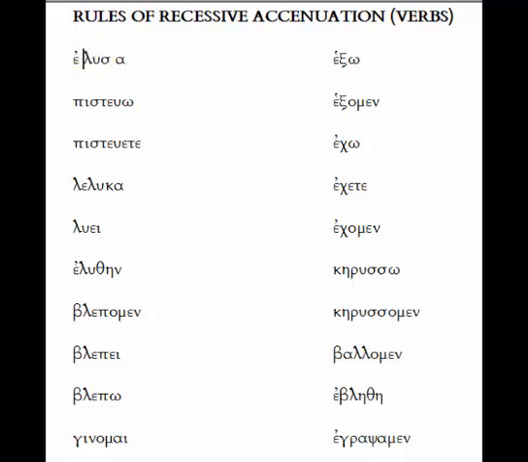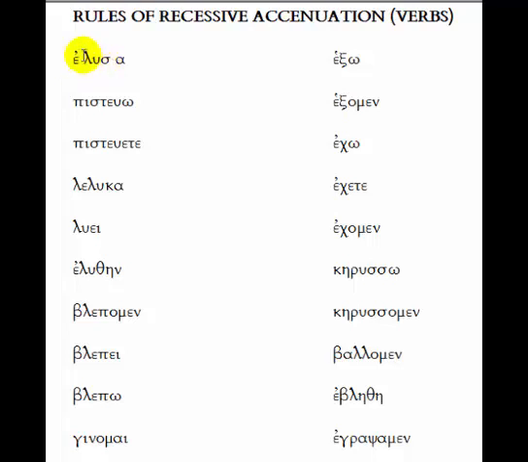That would be your penultimate syllable. And then the third one back, if it goes back that far, is called the antepenult. So there are 3 syllables: the ultima, the penultima, the next to last, and the antepenultima, which is the third from the last.